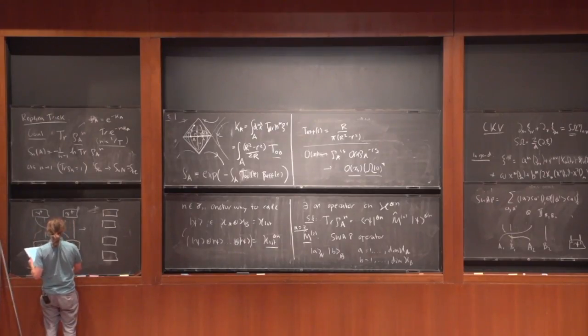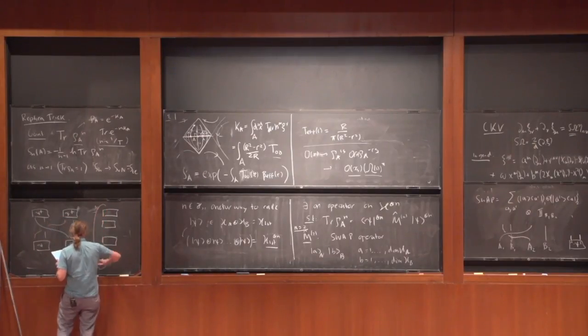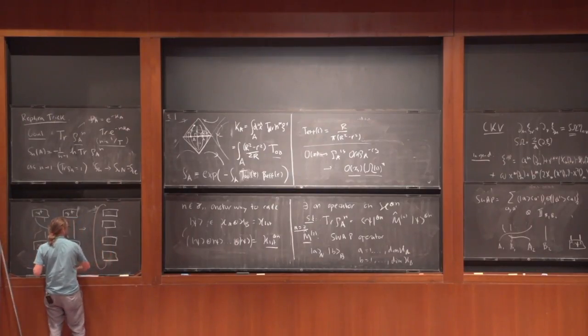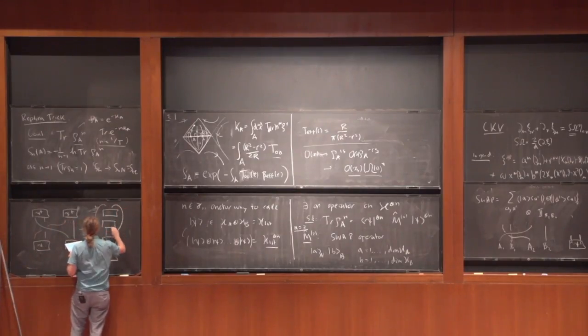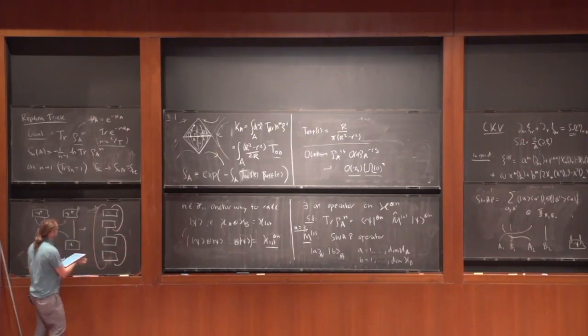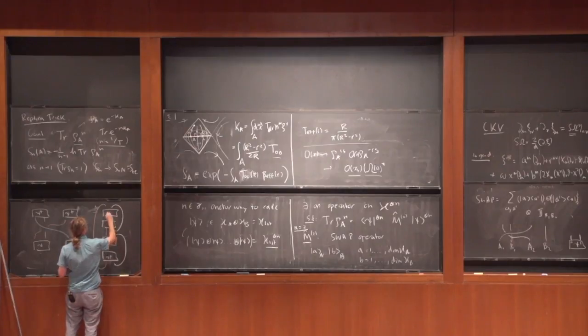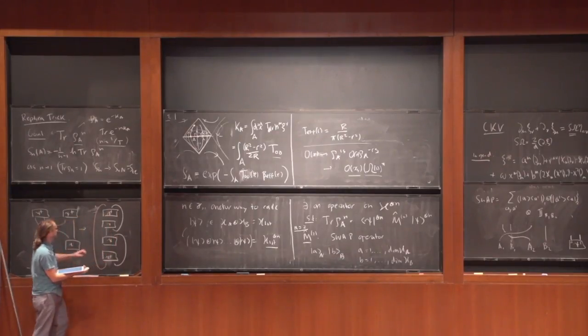where the red line is this one, and the purple line is this one, and the white lines are this one and this one. And then this is psi dagger, this is psi dagger, and it's not hard to see that what is this?